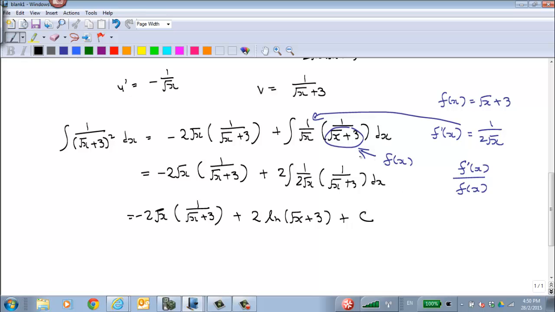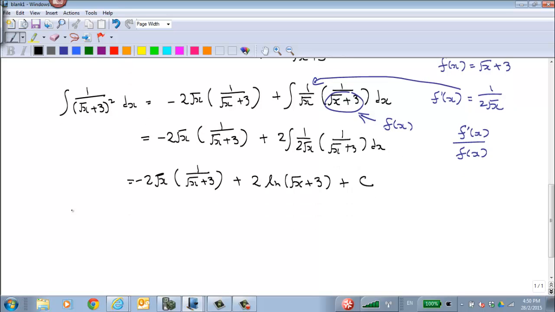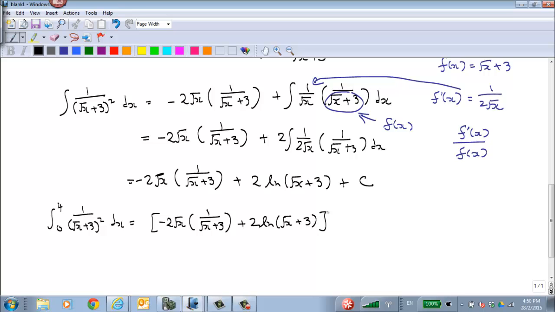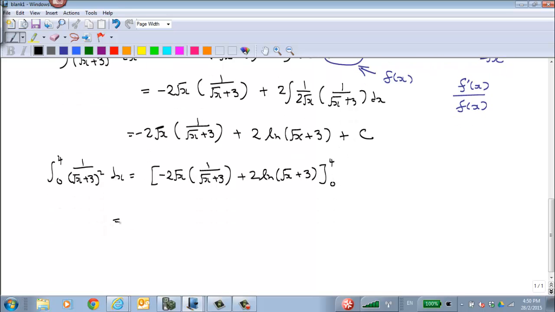Okay, so after I obtain this, finally I will evaluate the definite integral by substituting the lower and upper limit inside. Okay, 4 and 0. So basically you are substituting in 4.